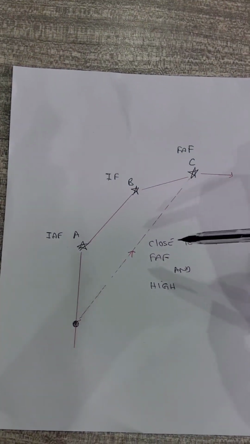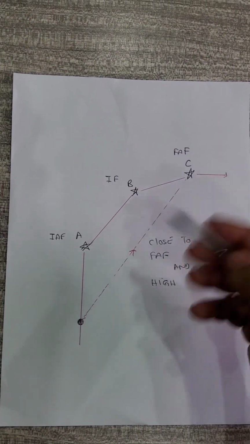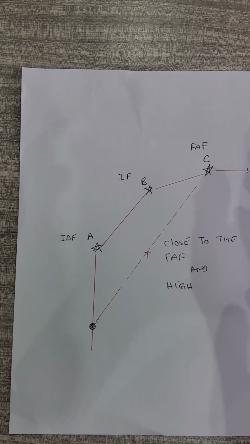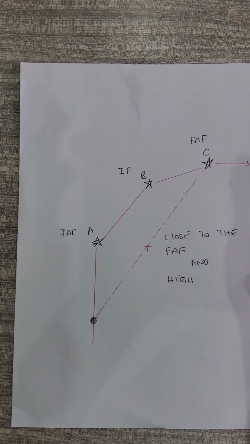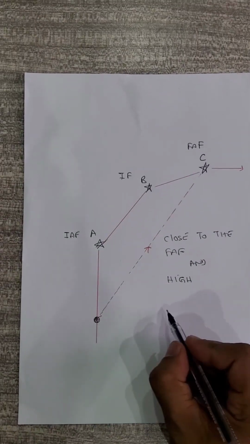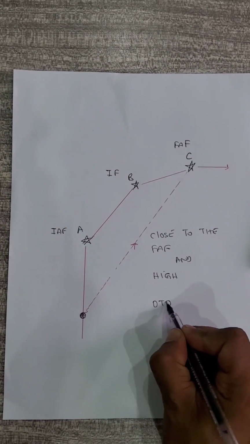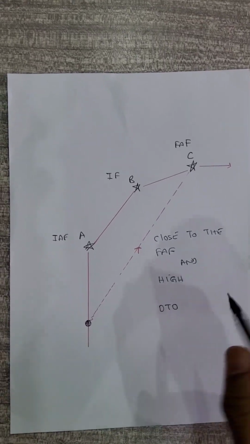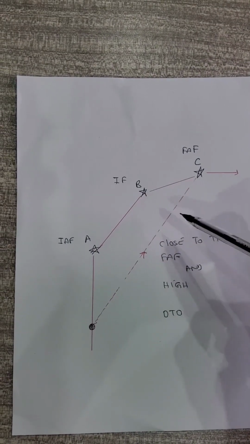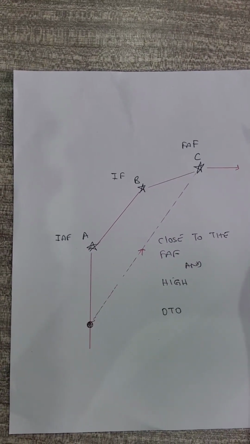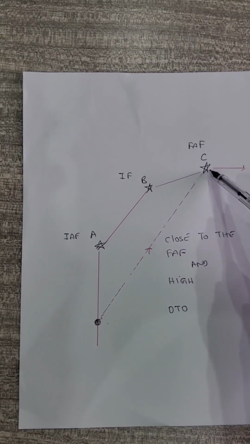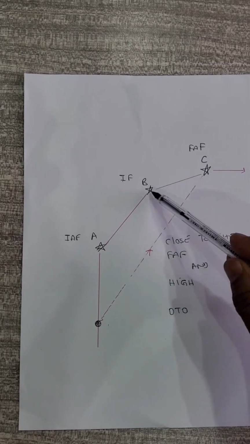So if I just go on the FMS, those of you who are familiar with the Universal versions of the Dash 8 Q400, that's the one I keep saying I'm currently on, you will realize that there is a function called DTO. DTO means direct to. So if you just do DTO to point C, immediately the FMS says, oh wow, this is a surprise. It's high and it has to capture a lower altitude compared to these ones.